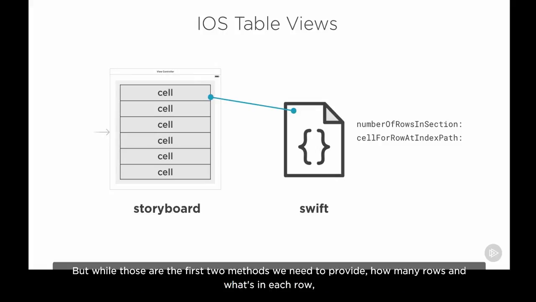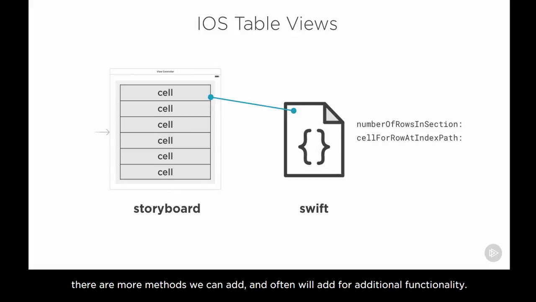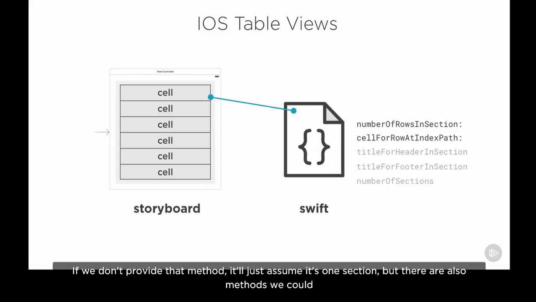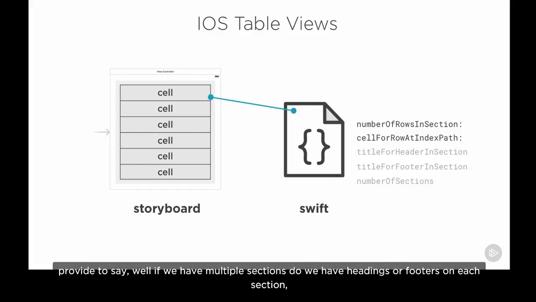But while those are the first 2 methods we need to provide, how many rows and what's in each row, there are more methods we can add, and often will add for additional functionality. We can provide a specific method to say how many sections this table view has. If we don't provide that method, it'll just assume it's one section. But there are also methods we could provide to say, well, if we have multiple sections, do we have headings or footers on each section?